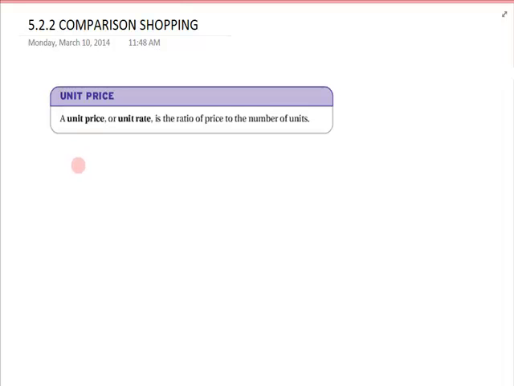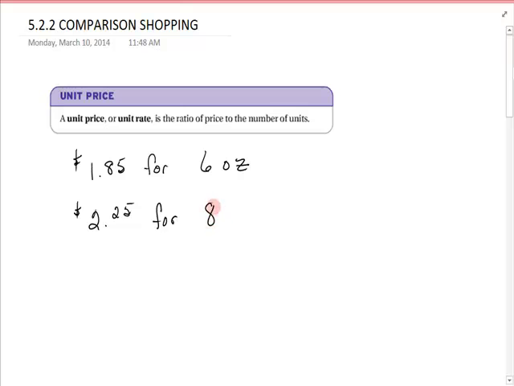If you went to the grocery store and you saw that something cost $1.85 for 6 ounces, and then you saw that it was $2.25 for 8 ounces, to find the unit rate or the unit price for each one of those, for the first one, you would take $1.85 over 6 ounces, and you would figure out what it cost per ounce.